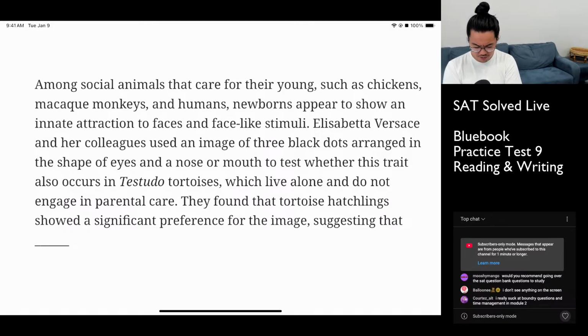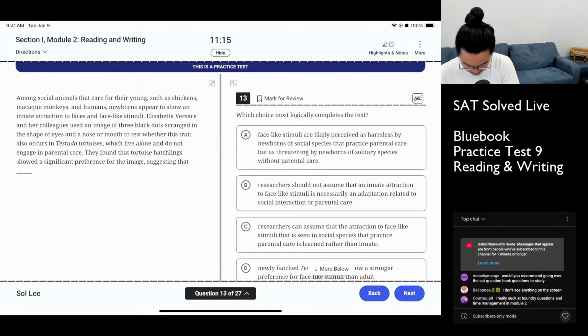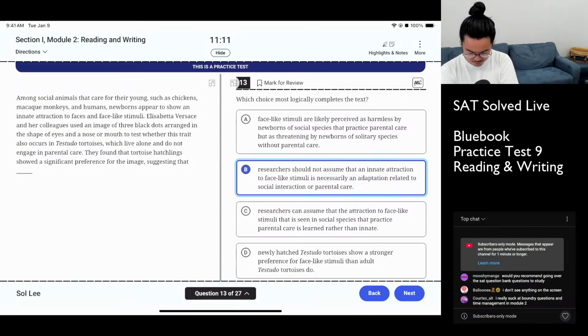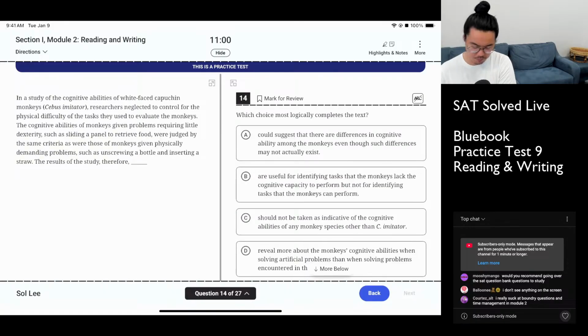But weirdly, they found a preference for the image, so maybe the innate attraction to faces has nothing to do with socializing, right? We should not assume that face liking is anything to do with socializing. That is correct. That is my prediction. I'm going to move on.